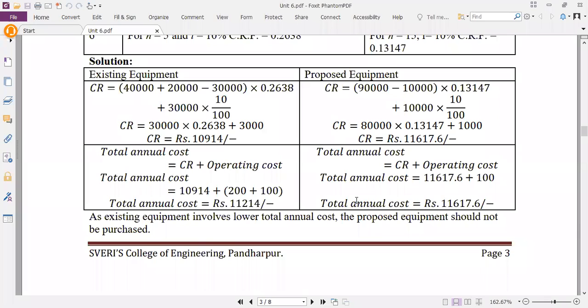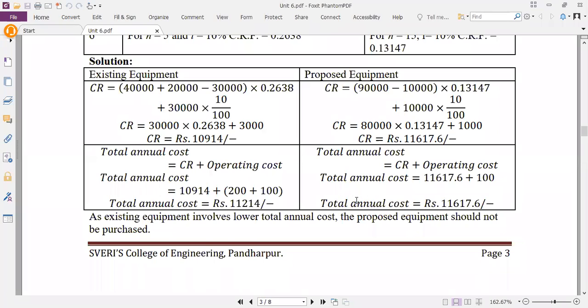Or if you want to purchase new equipment and you have two options, you can compare the two equipments by the annual cost method and take the decision. I can say this is one method of comparison.